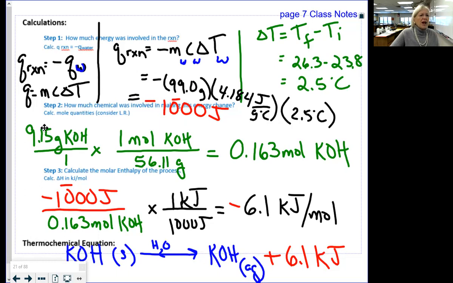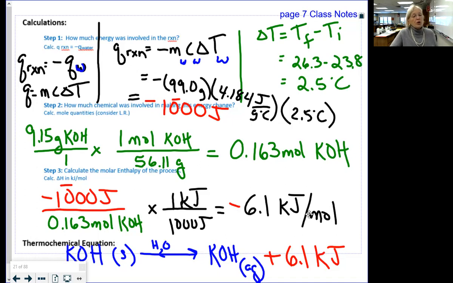Turn that little bit of KOH into moles by using the molar mass. Now I can use those two quantities, the little bit of heat generated by the little bit of KOH, and convert that to kilojoules to get the experimental value of negative 6.1 kilojoules per mole.